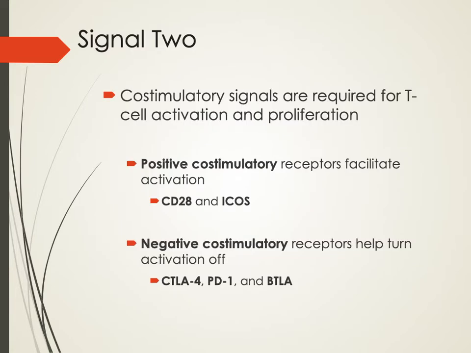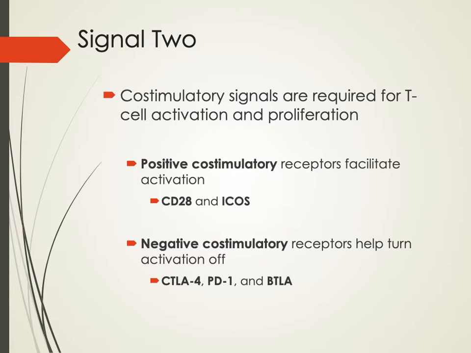So I want to talk a little bit more about signal 2. So again, signal 2 are the co-stimulatory signals that allow for T cells to become activated and then signal clonal expansion or proliferation. Now, there can be positive co-stimulatory receptors, but there can also be negative co-stimulatory receptors.